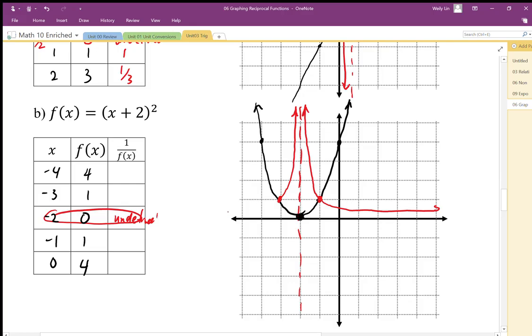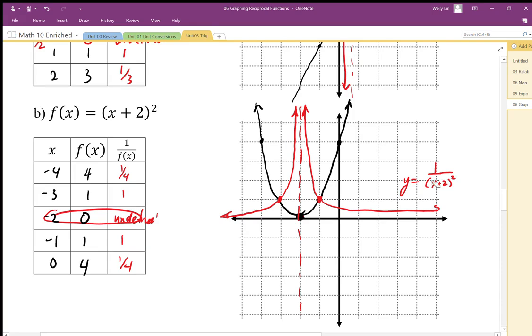So when we have this bounce on the x-axis, the reciprocal ends up going the same way. So I'm just going to fill this in, and I'll explain a little bit further here. So when I look at this graph, it's going to look like this: y equals 1/(x+2) squared.